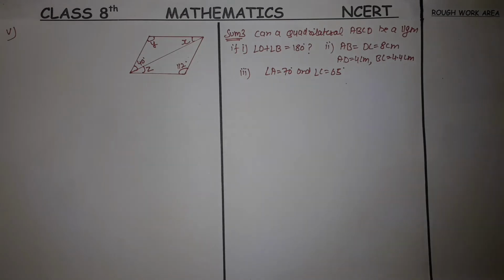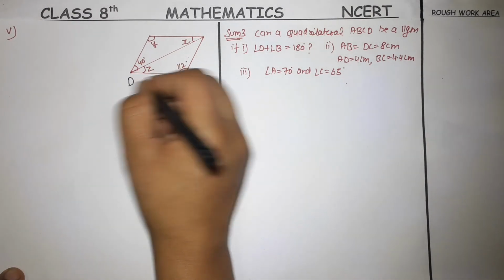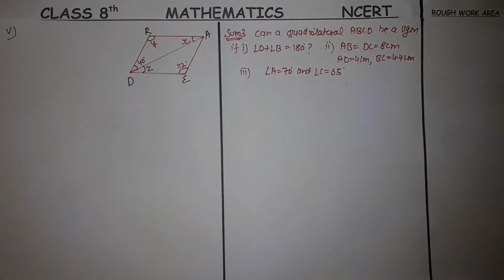Next we come to part 5, that is also a parallelogram. Let me take its name DEAR. You can use another name also, of your choice. Student, the mind is very big, that's why we have to use it.